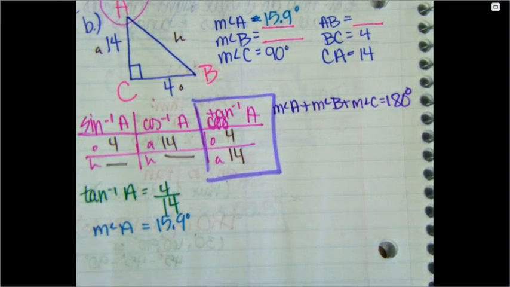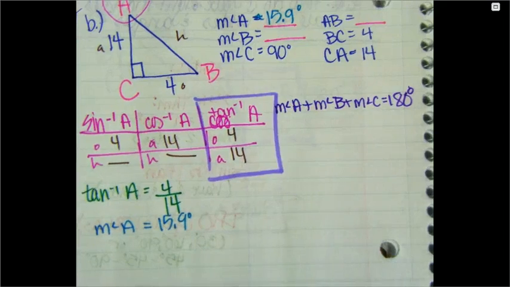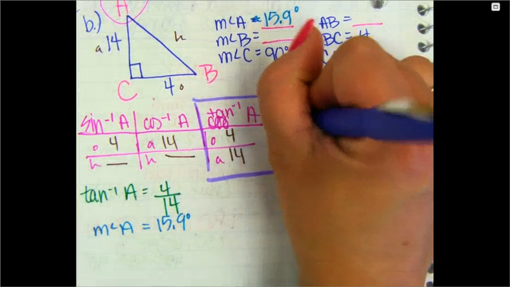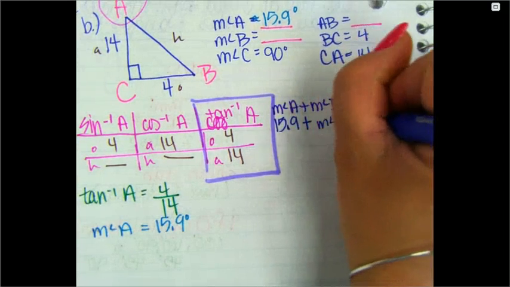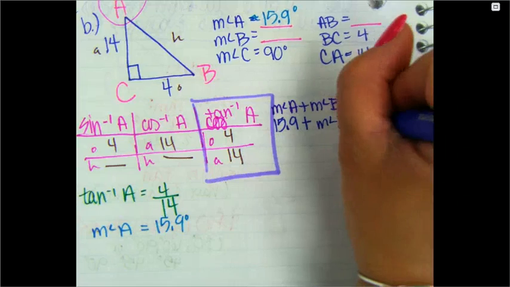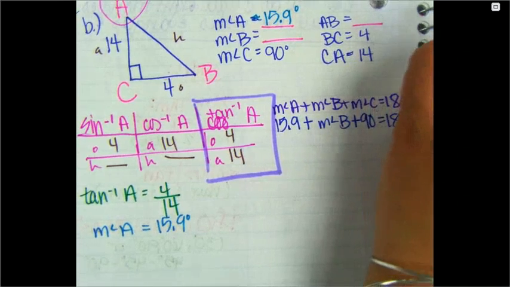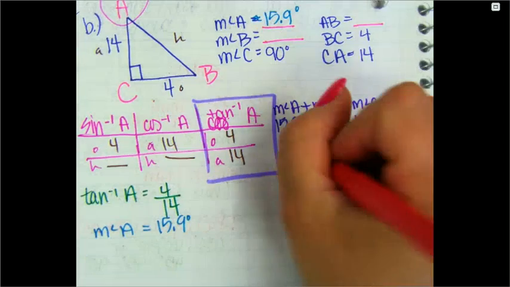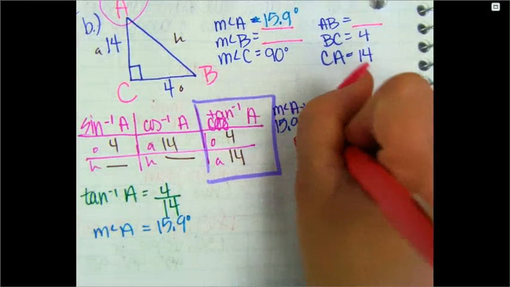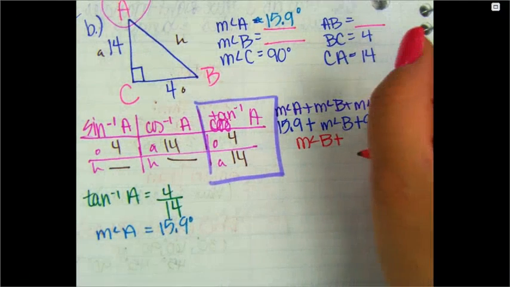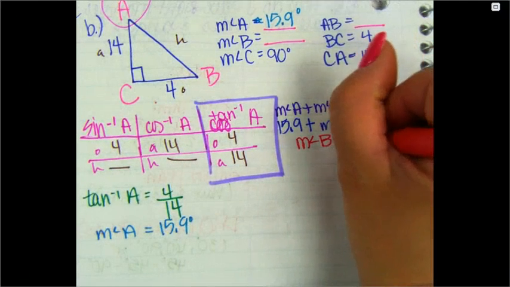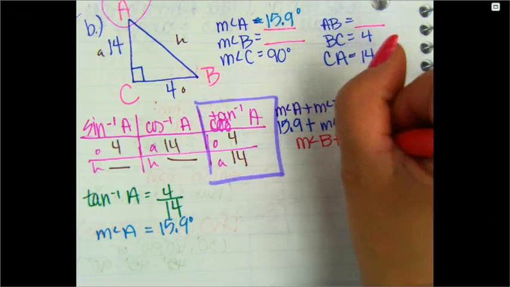What are you plugging in for measure of angle A? 15.9. What are you plugging in for measure of angle B? Nothing. Measure of angle B. Plus, what's your measure of angle C? 90 equals 180. So measure of angle B plus 105.9 equals 180.